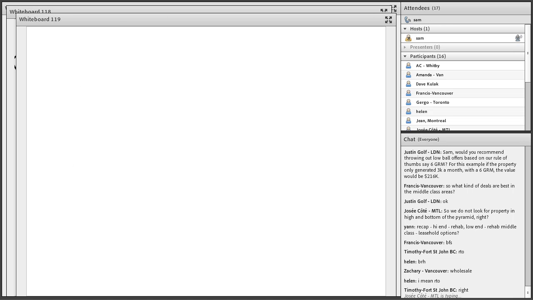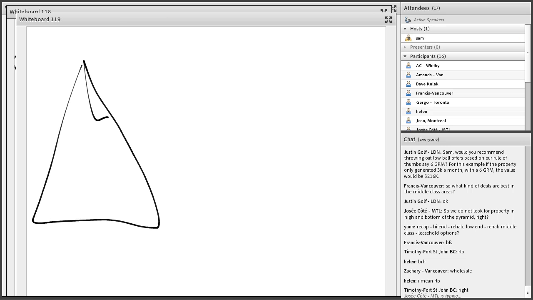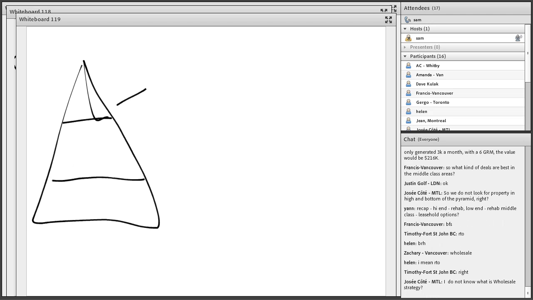Here's the pyramid. Let's see, crappy pyramid. Let me try that again. Okay, there's our pyramid. The 3 sections. Up here, what type of deals am I going to do?